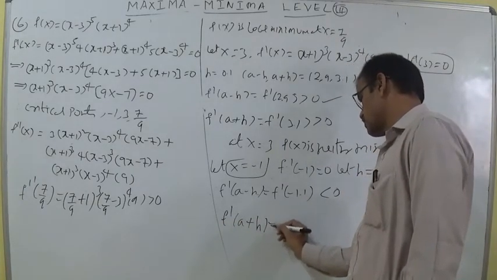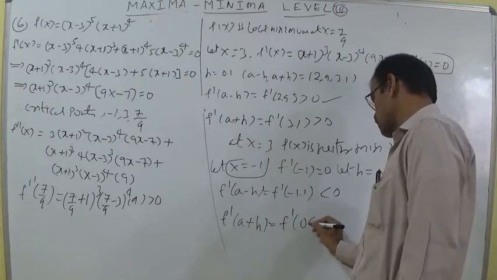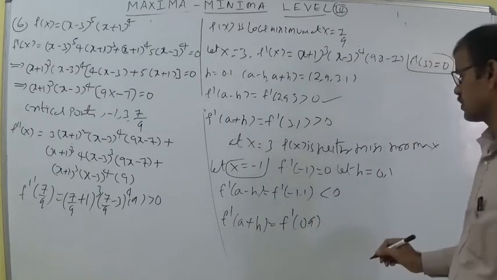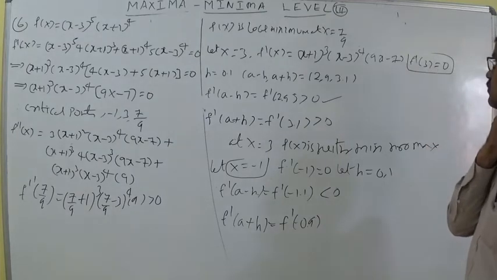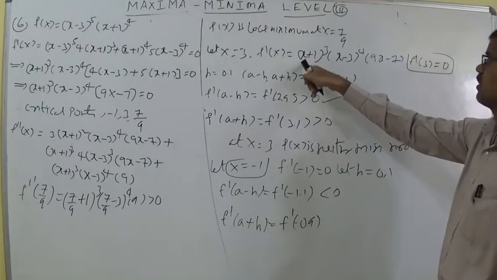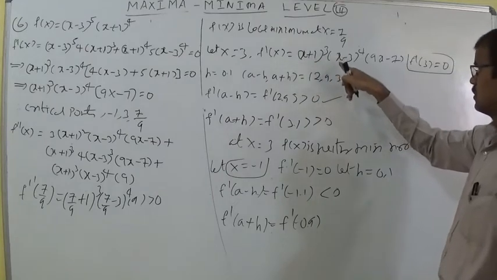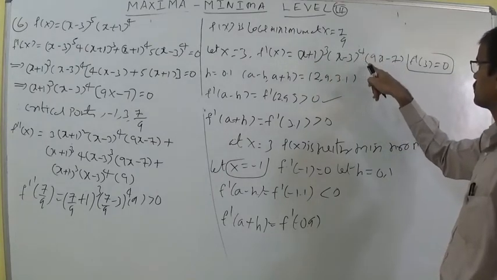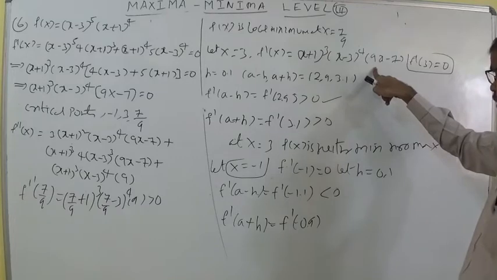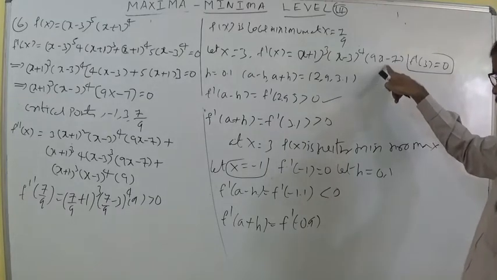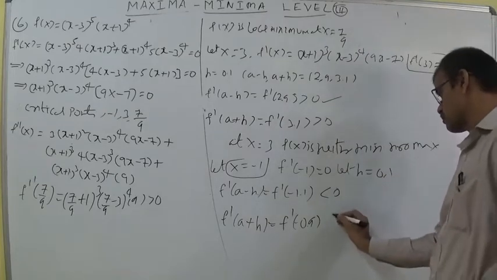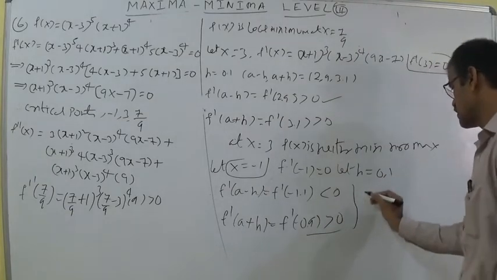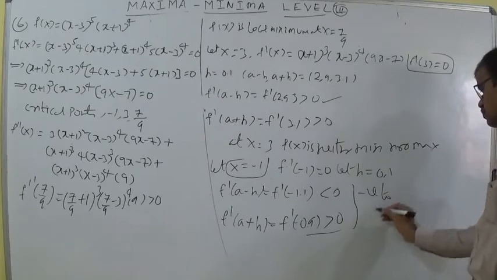F dash of a plus h means f dash of minus 0.9. So if you substitute minus 0.9 here, 1 minus 0.9 is positive, this is of course power 4 positive, this is minus 0.9 minus 7. So minus 0.9 minus 7 is negative, negative into negative, positive. Okay students, here the sign changed from negative to positive.